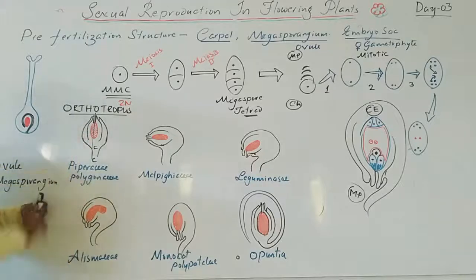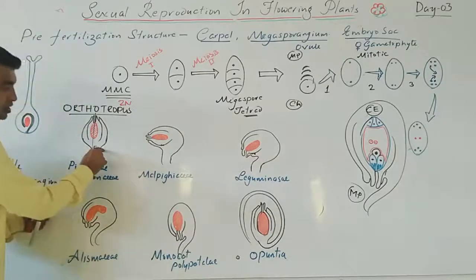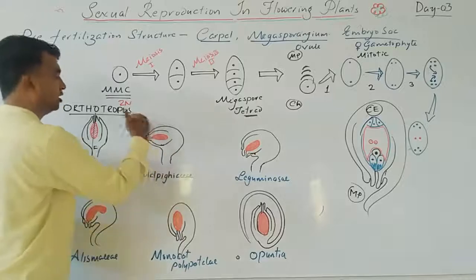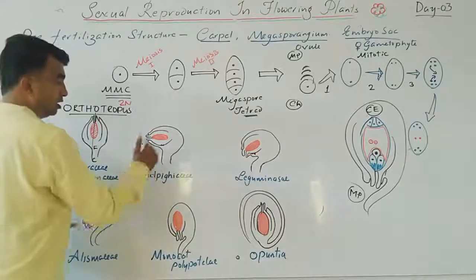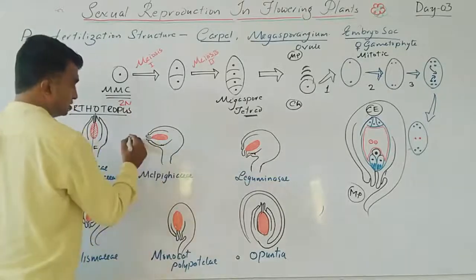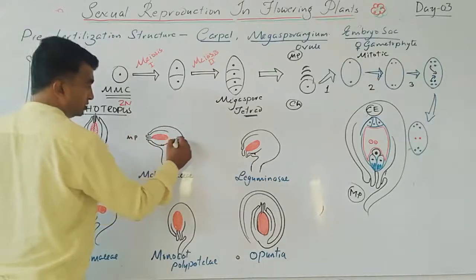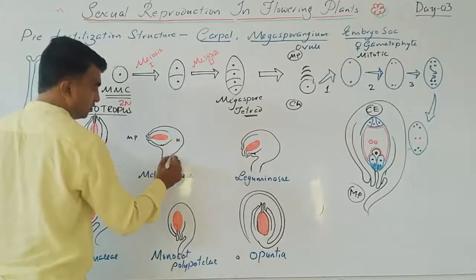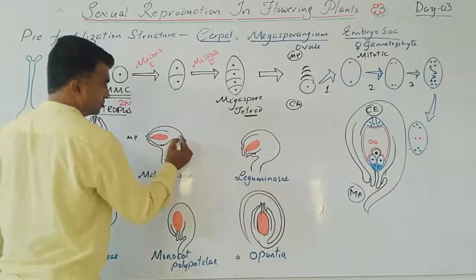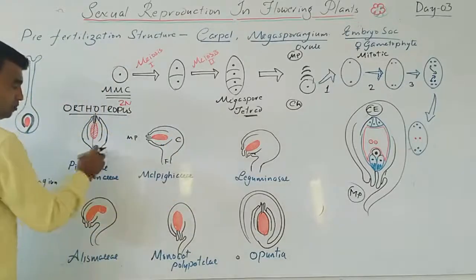Yes, this is simple. Now growth occurs on one side and it becomes tilted. This is the micropylar end, this is the hilum, this is the funicle and this is the chalaza. So the funicle point has changed.